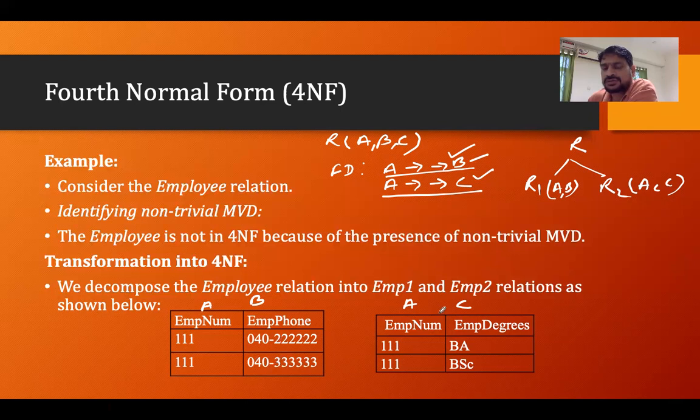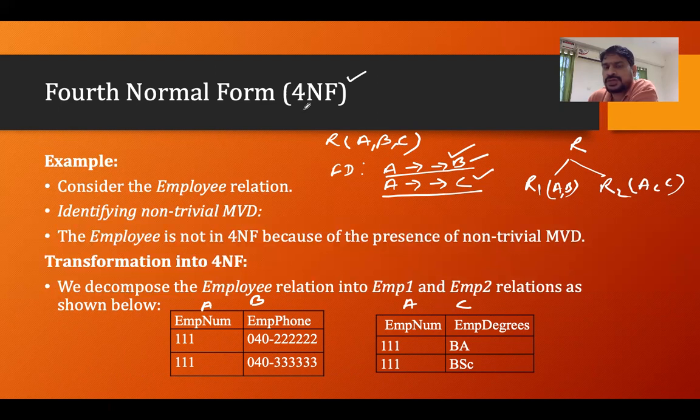Nobody will tell you to normalize a table up to fourth normal form. They will tell you to normalize the table up to BCNF. The fourth normal form will come as a theory that defines fourth normal form. So what is the fourth normal form?